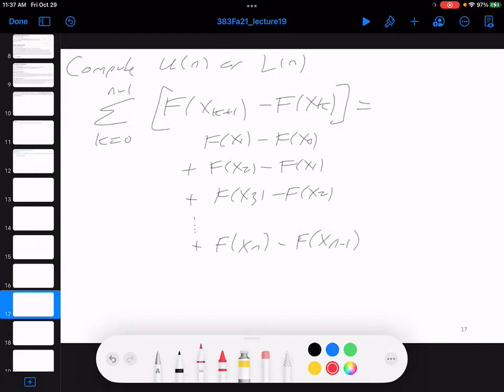What does the sum equal? We just see everything is canceling, right? And it's just going to be F of xn minus F of x0, which is just F of 1 minus F of 0. So what's interesting is it doesn't really matter how I partition things. I'm going to get the same value.